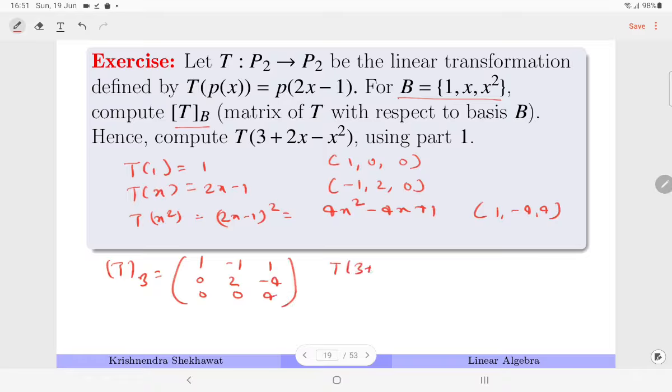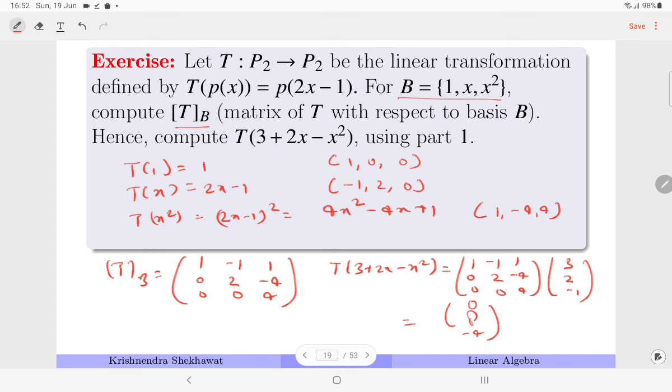And now T of 3 plus 2x minus x square is that matrix multiplied by V with respect to B. So V is 3 plus 2x minus x square. Its coordinates with respect to basis B are 3, 2, minus 1, and if you multiply it, then it gives you 0, 3 minus 2 minus 1, then 8 and minus 4.